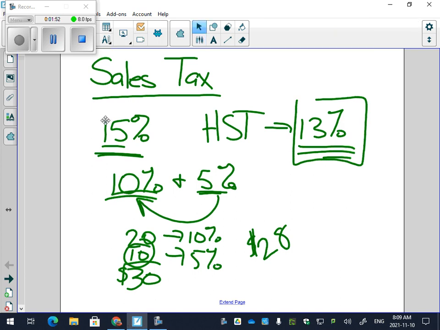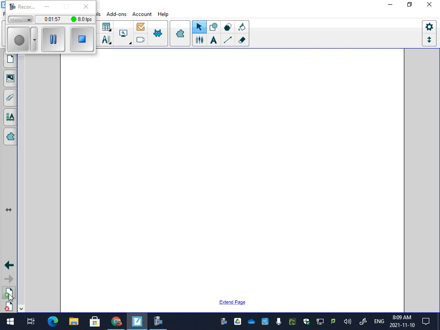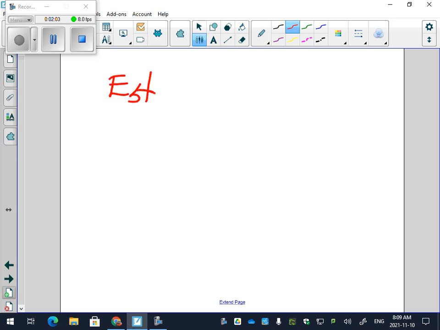So I'll do maybe one more of those and then move into the actual work. For the mental math, the estimating is important. So if we were to estimate 13% tax on something like $400.